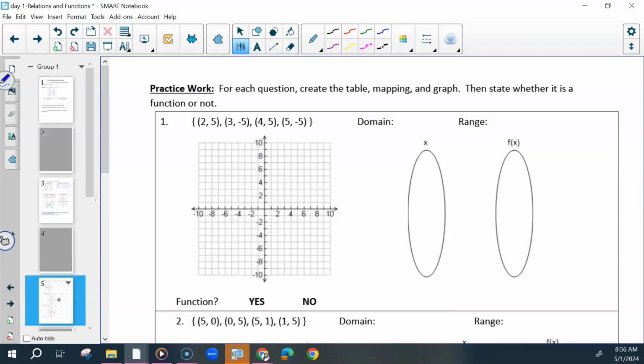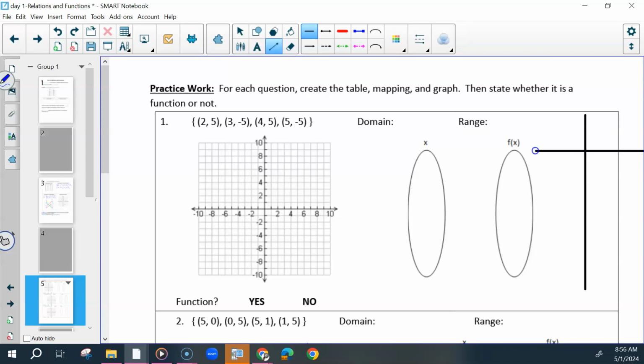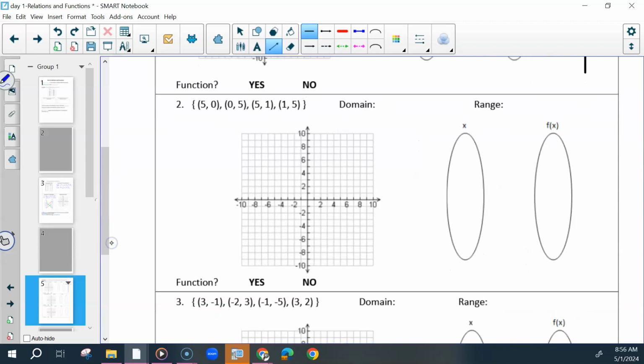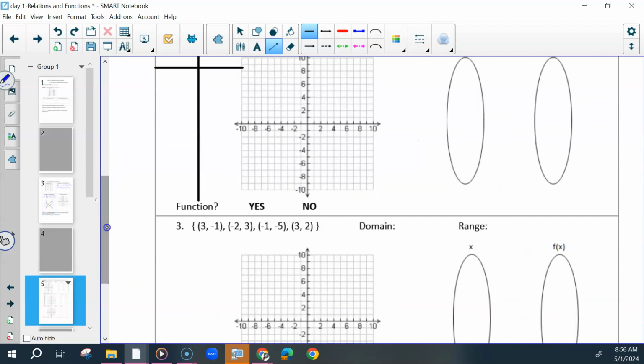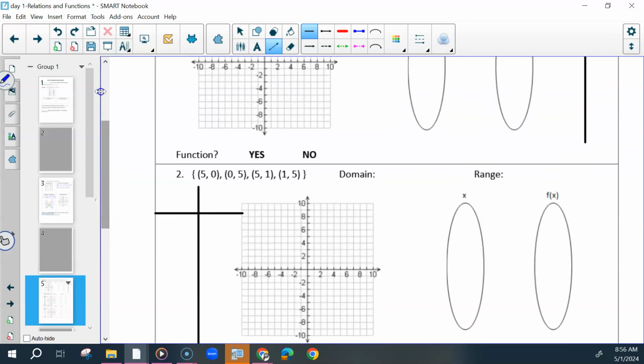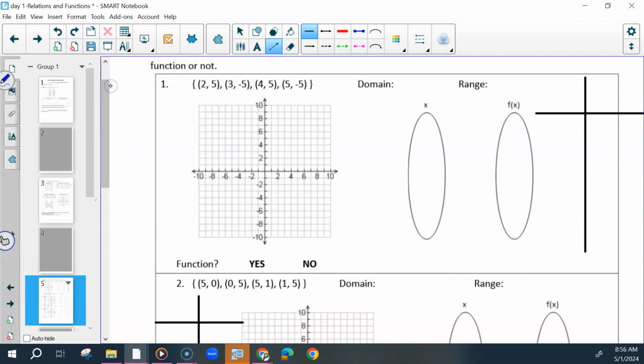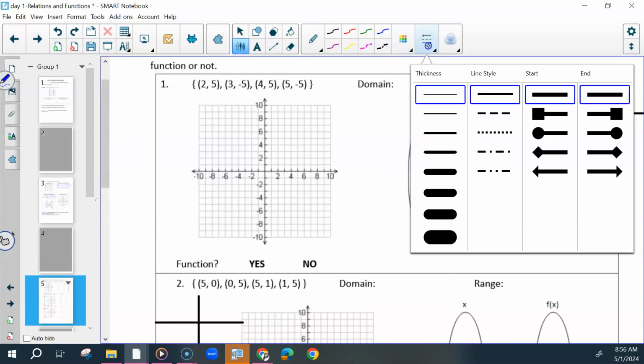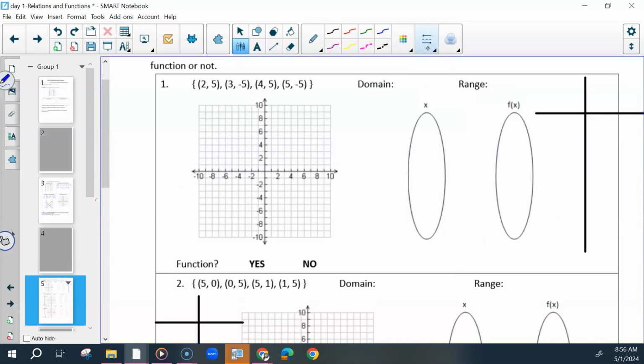For each example, off to the side, it doesn't matter which side, draw in a table, because it's missing that. And then starting with number 1, we're given the ordered pairs already, so we're going to go ahead and fill out the graph, fill out the mapping, fill out the table, and then we're going to figure out is this a function or not.